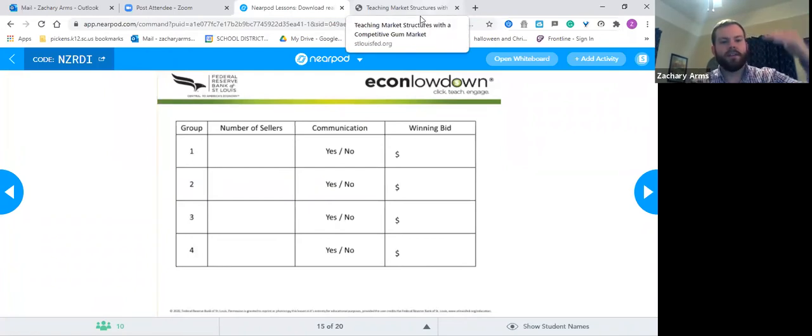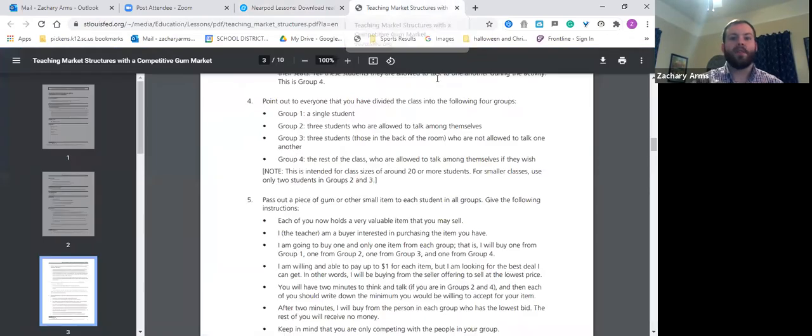So number of sellers, they fill that out with a corresponding worksheet. Were they allowed to communicate, yes or no? And then each group has to figure out who's going to win. The way you win is you sell your stick of gum with the highest price. Highest price wins.